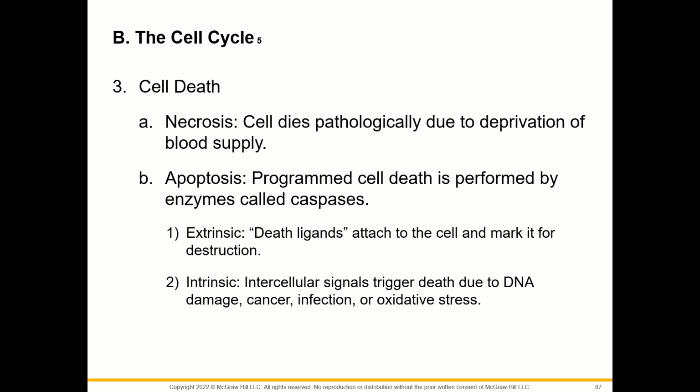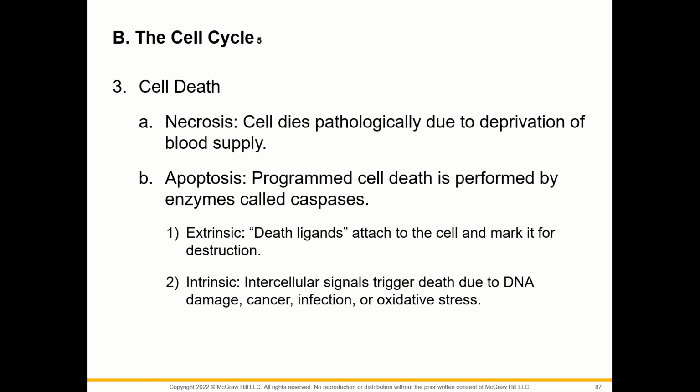In all cases of apoptosis, a group of previously inactive cytoplasmic enzymes called caspases is involved. I want to say capsaicin, but it's caspases. I'm going to try to think of Casper, the friendly ghost.